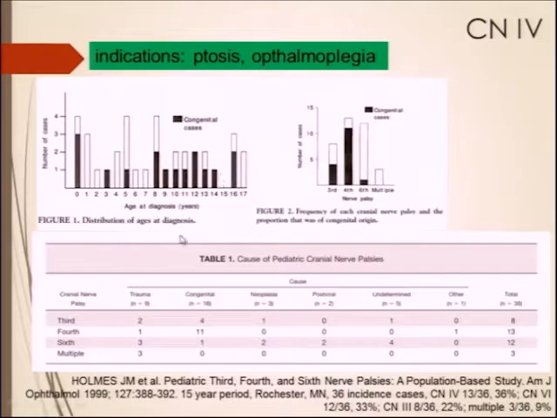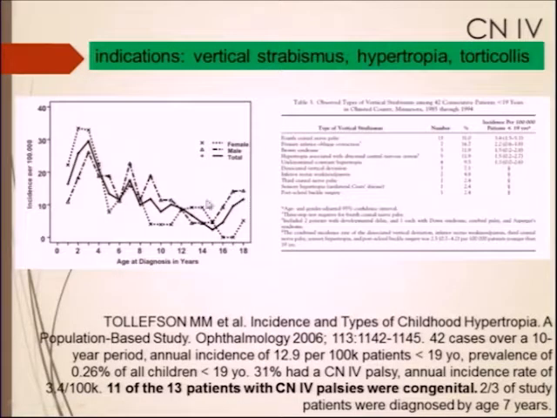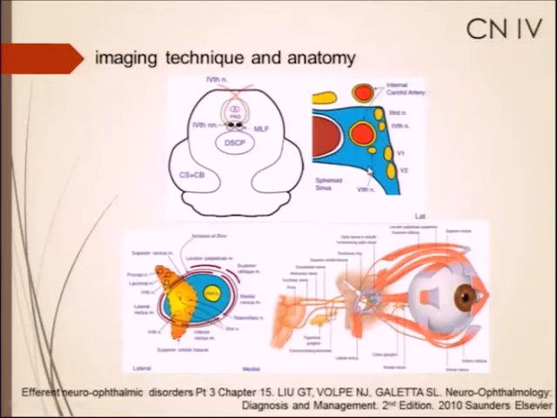But most of the cases, as depicted here in this study by Tollefson, occur under the age of 7. If the patients present later in life with a new acquired fourth nerve palsy, they may come to us for imaging.